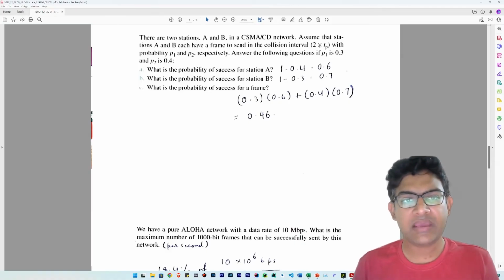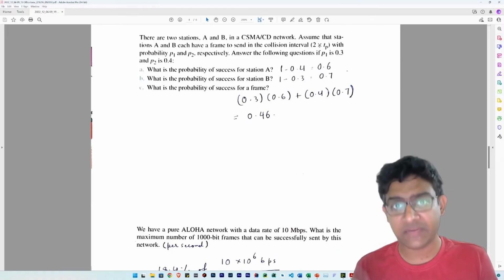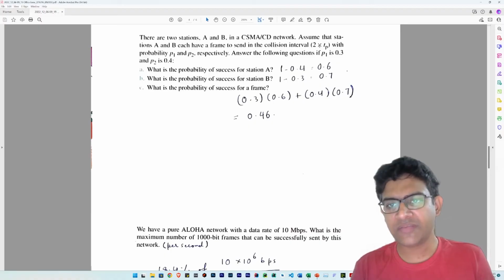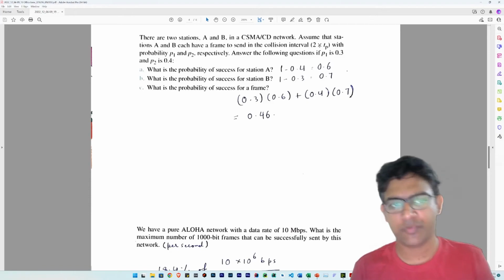A and B have frames to transmit, and the probability of them transmitting that frame in that duration of time is P1 and P2 respectively. That is, for A it is P1, for B it is P2. Answer the following questions. If P1 is 0.3, it has a 30% probability of transmitting, and B has a 40% chance of transmitting because P2 is 0.4.